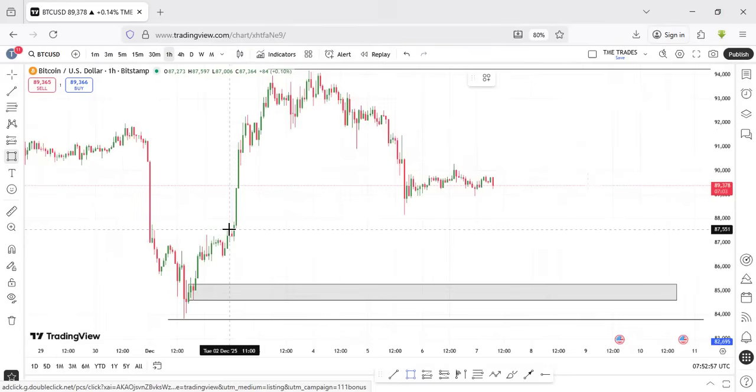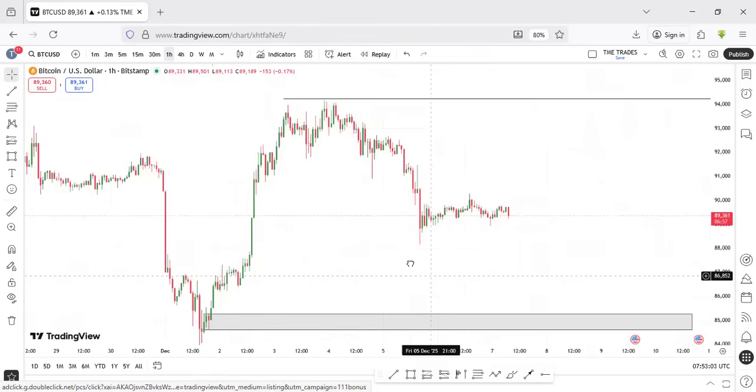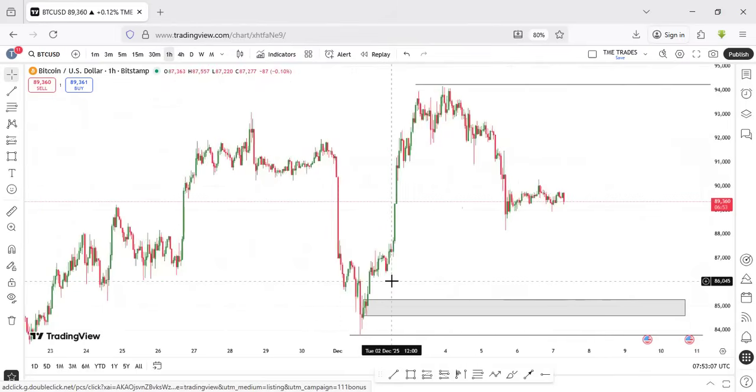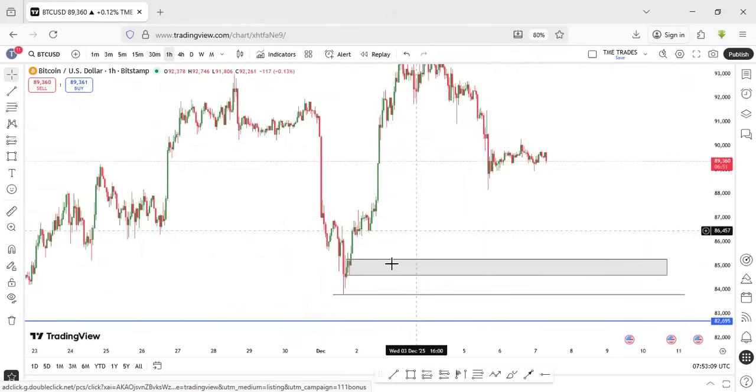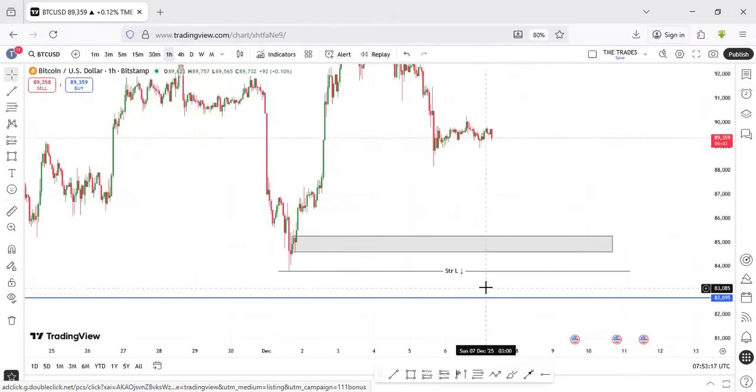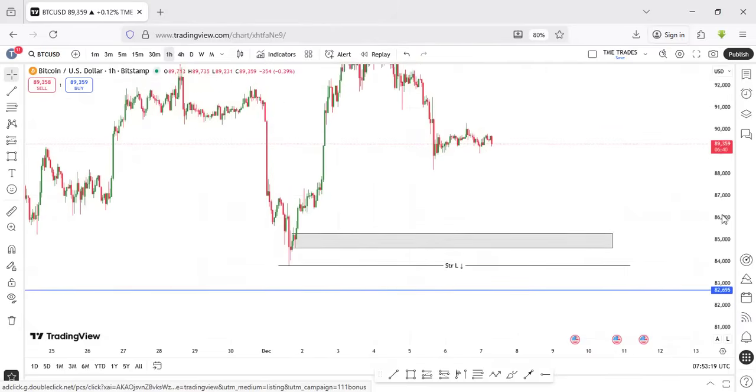Okay, there's no gap there, so we cannot be taking this particular one. So right now, what are we expecting? Since the market has started creating series of higher highs and higher lows, and considering that this low swept liquidity, this happened to be our very strong low now. So we are not expecting market to go below it. And if market goes below it, then you know this market will continue moving to the downside.